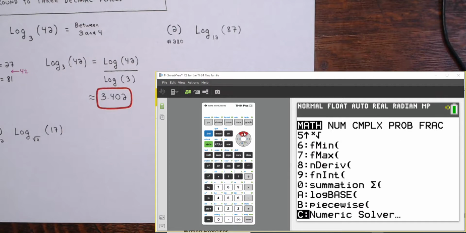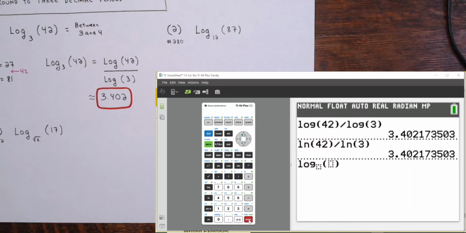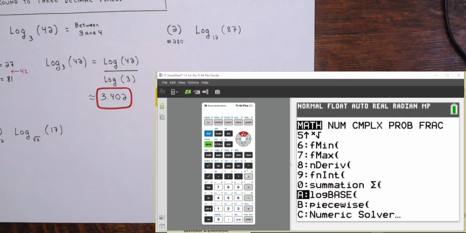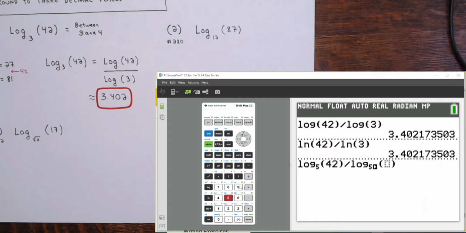I could do, instead of the log base 3 of 42, the log base 5 of 42. But then I've got to remember to divide by the log base 5 of the original base, which was 3.